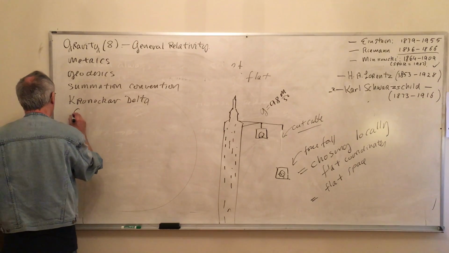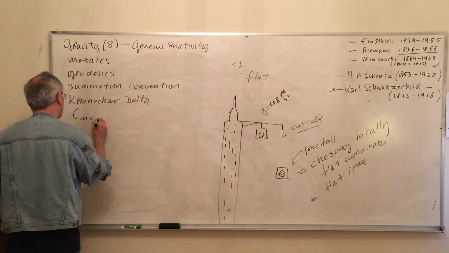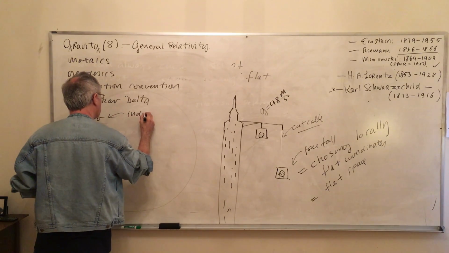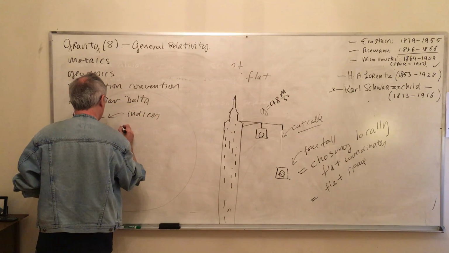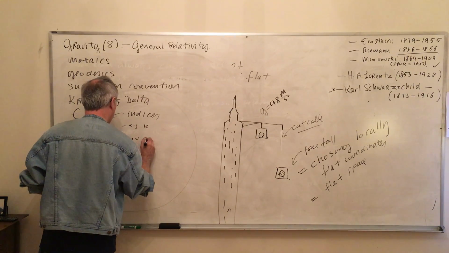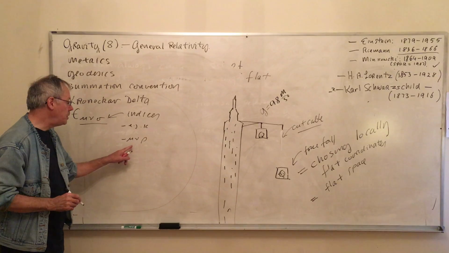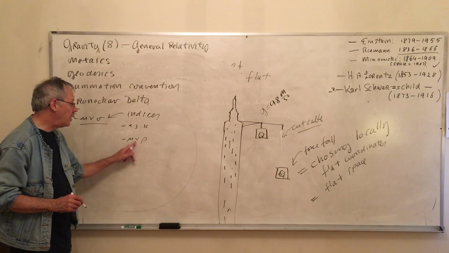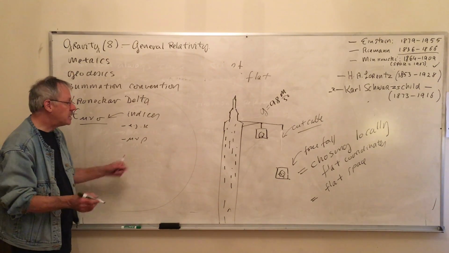Maybe this guy as well. And how to use indices. IJKs, Romans, and Greeks. This will be for flat space, this will be for curved, or this will be for three-dimensional, maybe. We'll decide next time.